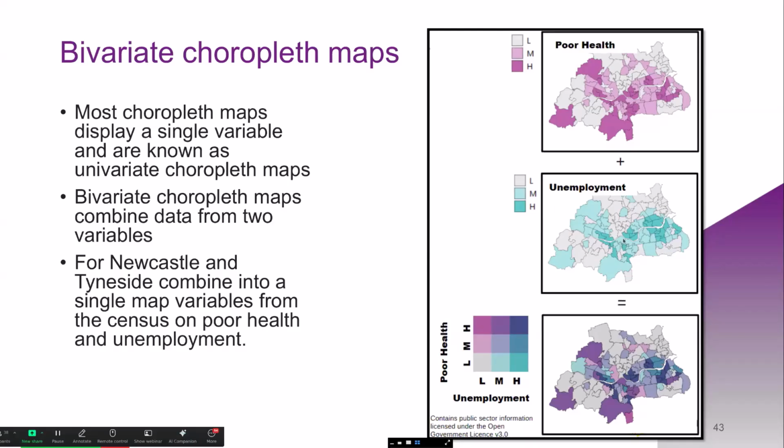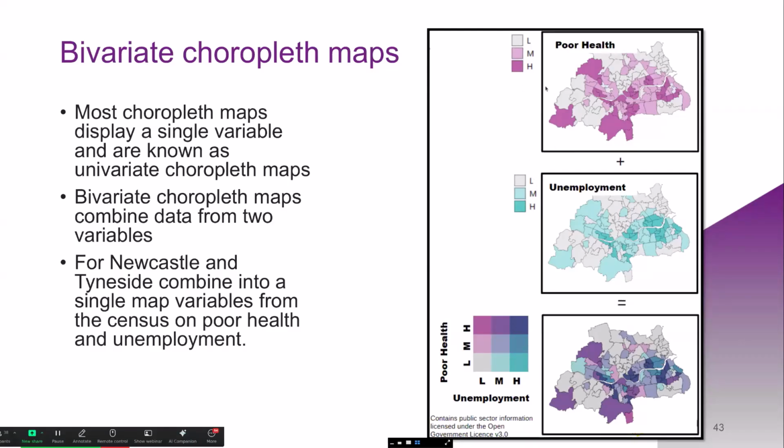If I map that as a choropleth map, you end up with a legend that, instead of being shown as a linear three, gets displayed as a matrix. So 3 by 3 values, and it combines the colors when they get overlain. A combination of dark pink and dark cyan will produce very dark blue.